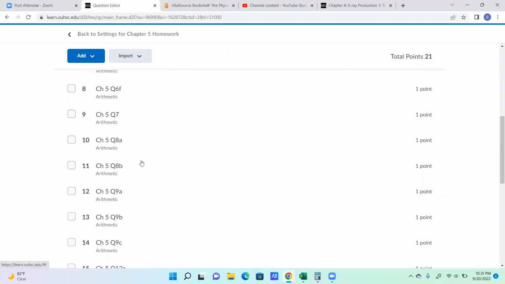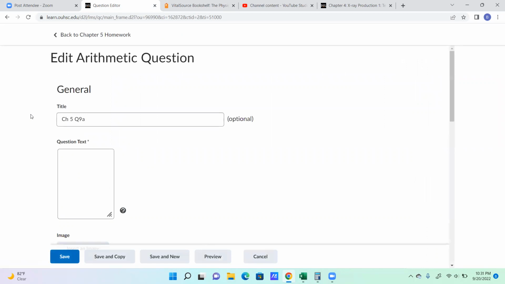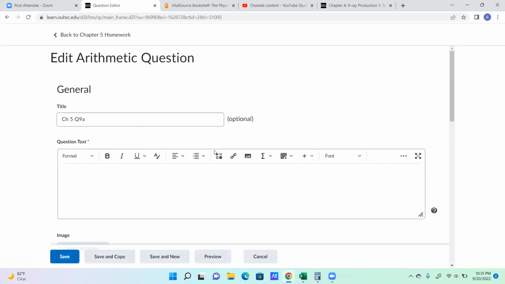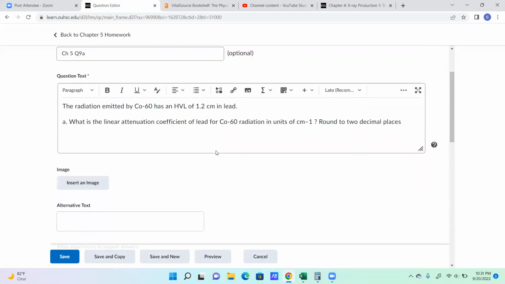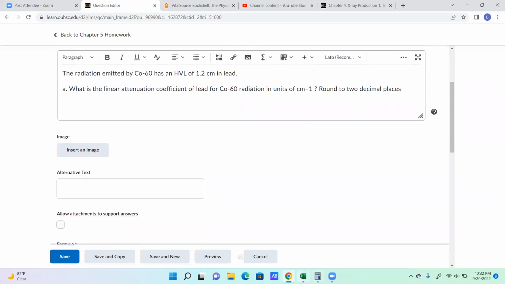So for number 12, the radiation emitted by Cobalt-60 has a half-value layer of 1.2 cm in lead. So what is the linear attenuation coefficient of lead for Cobalt-60 radiation, in units of per centimeter?